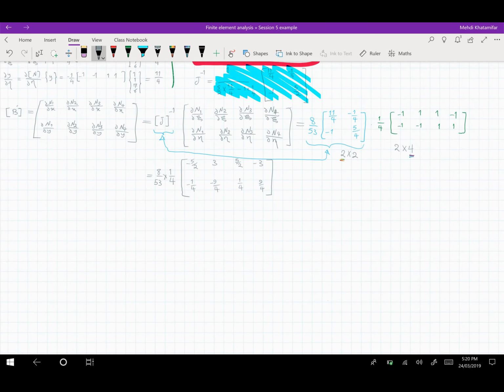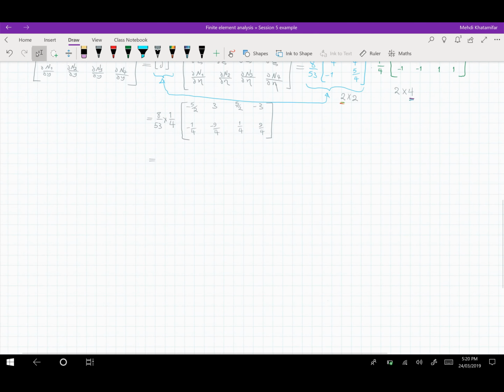If you want, you can go and multiply those coefficients inside to just have one matrix, much simpler.